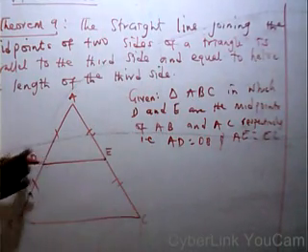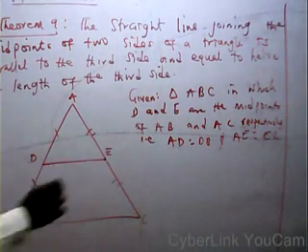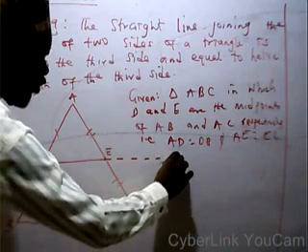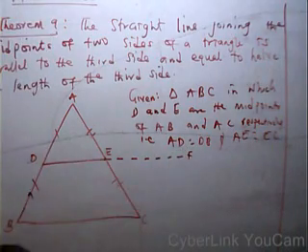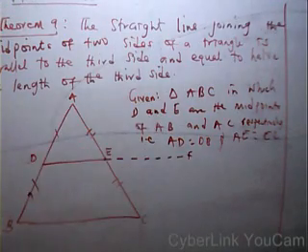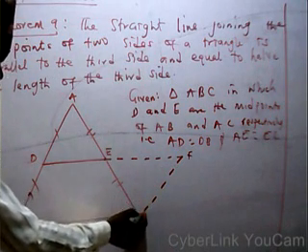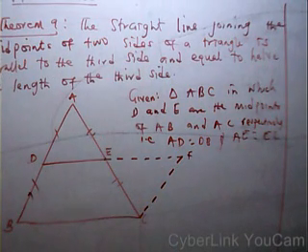So we are going to extend our DE to F. So let's extend this one to F. And we now have CF to be parallel to DB. So we have this. You see that?